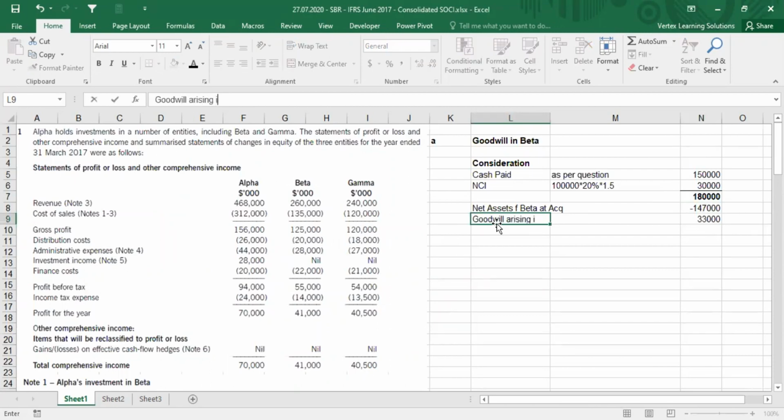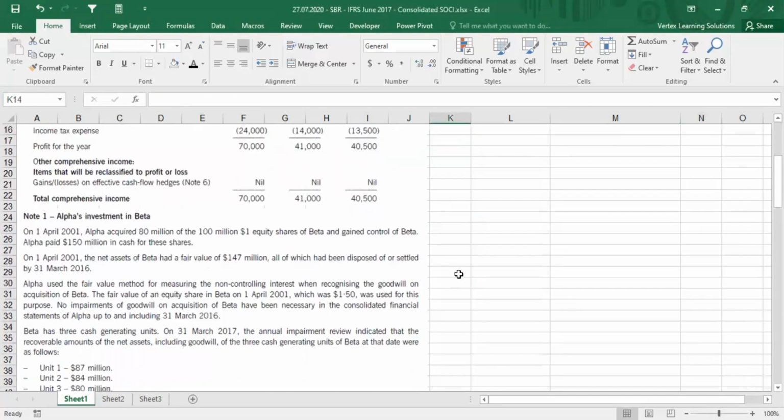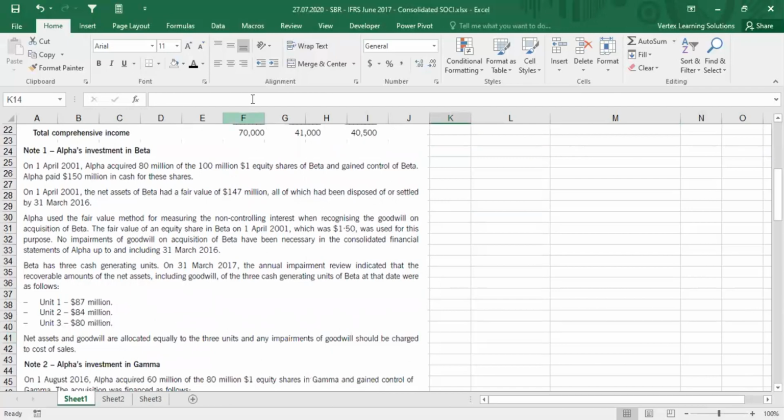Goodwill arising in Beta. And by the way, we are going to take this goodwill and split it between 3 units when we calculate the impairment or recoverable amount. They gave us before this information that Beta has 3 cash generating units. The annual impairment review indicated the recoverable amounts of the net assets, including goodwill, of the cash generating units were as follows, and goodwill is allocated equally to the 3 units.